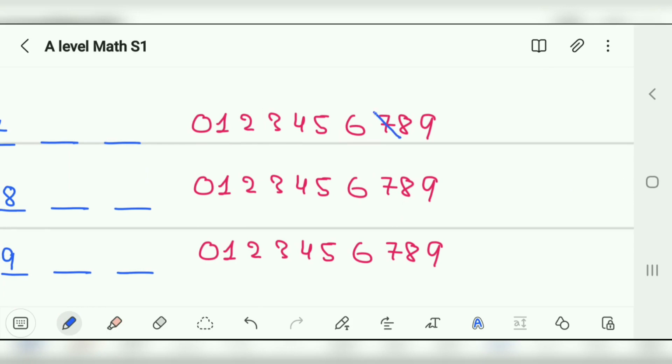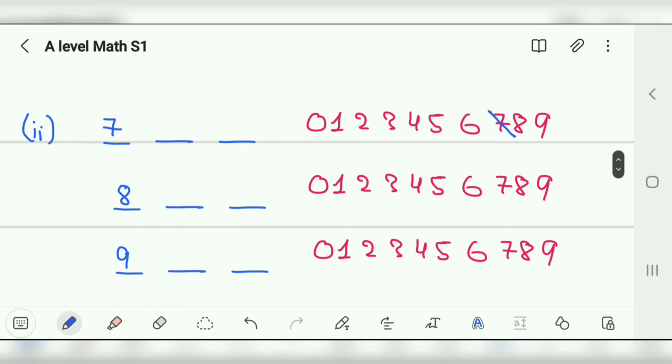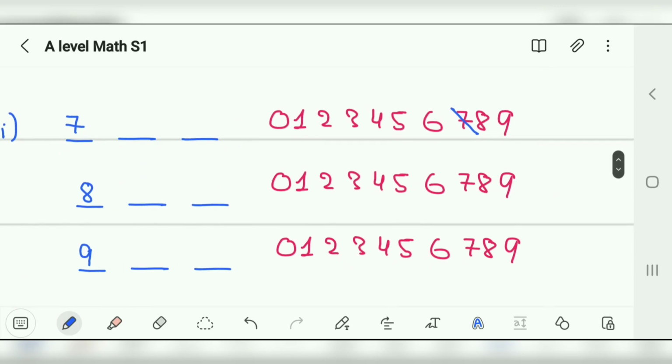We have already selected 7. Now the remaining 2 numbers. We need to make odd numbers greater than 700, so the odd digits are 1 3 5 7 9. All right, so here's what we're going to do.